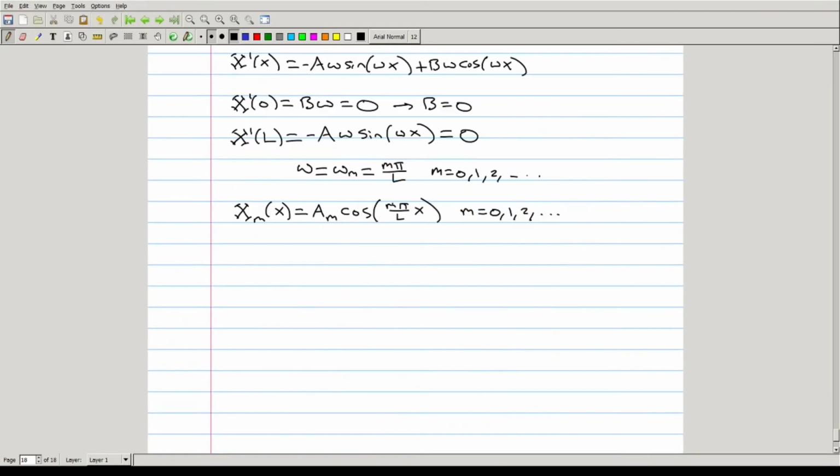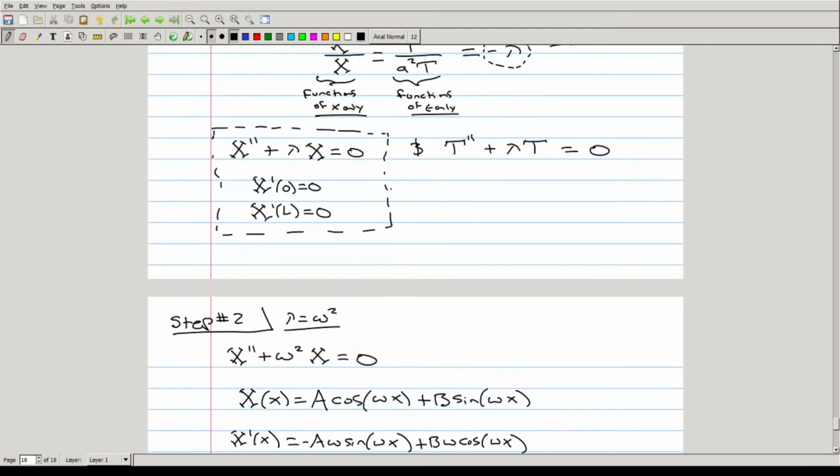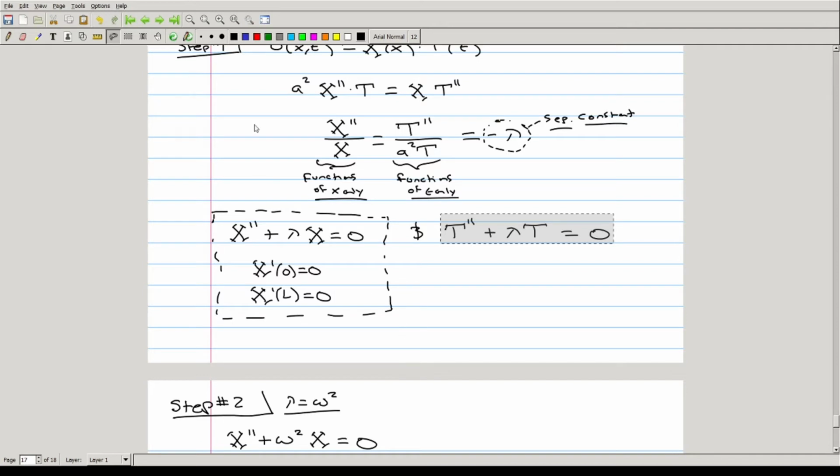And for t, the differential equation is this right here, which also has the same general solution, but with, oh, I just realized there should be an a squared right here. Sorry about that.